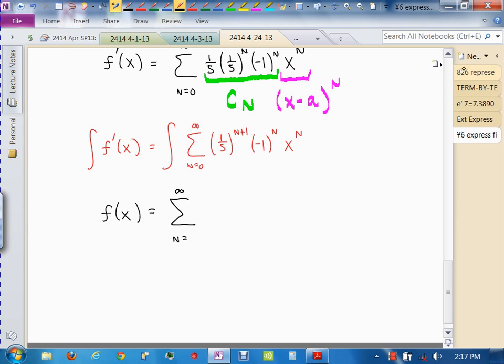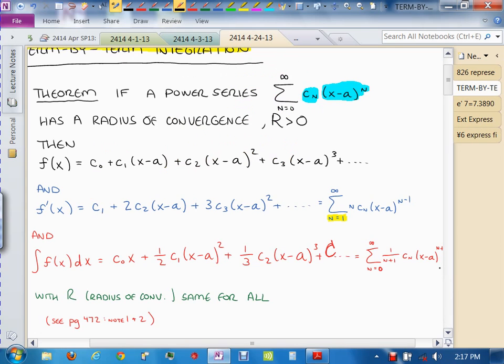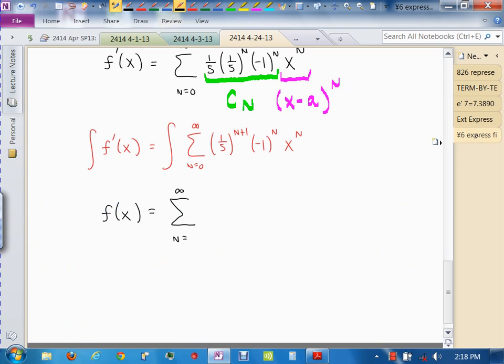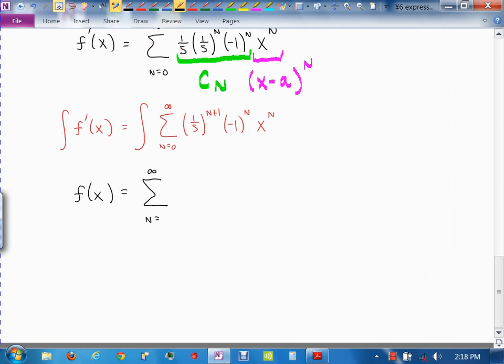Let me make sure my notes were right. Yeah, it's 0. That was the thing I said to fix, right? That should be a 0. The only time it switches to the 1 is when you do the derivative of the series. Okay, so I'm going to go n equals 0.